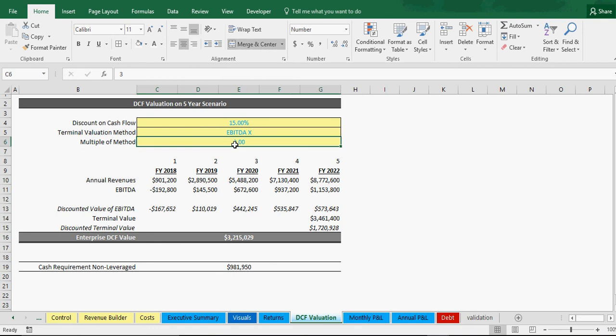Someone's willing to pay you 3 times your annual EBITDA for your business. So that's how you come to a discounted cash flow value for the enterprise, starting today and over the next 5 years. This is what we're projecting it's worth.